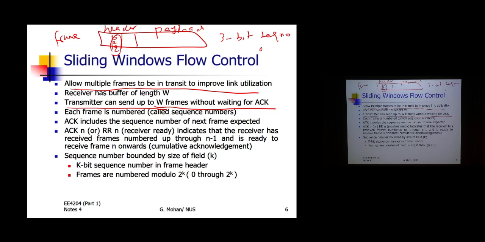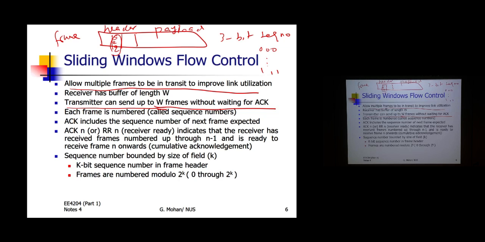That means the sequence number can be 000 to 111. That means frames are numbered using a 3-bit number: frame 0, frame 1, frame 2, up to frame 7. Then the next frame will be frame 0, frame 1, frame 2, up to frame 7. Note that this frame 0 is different from the other frame 0. Later we see how we can avoid confusion about this frame 0 and the frame 0 in the next window.